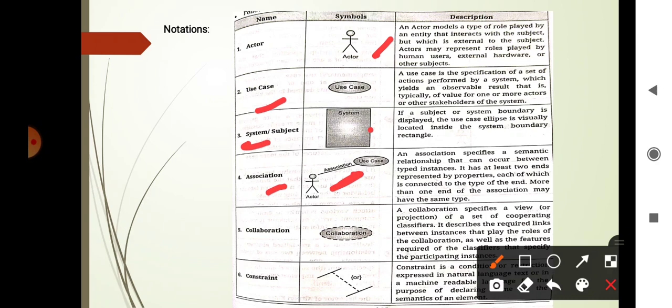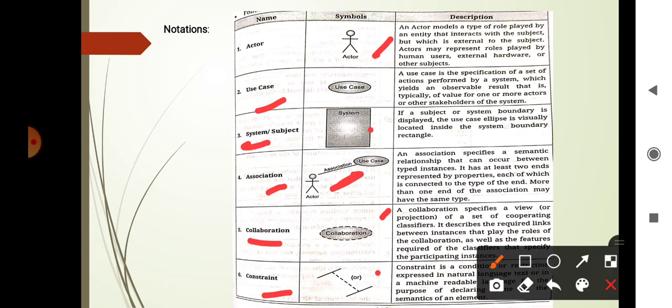An association specifies a semantic relationship that can occur between type instances. Then collaboration, shown as a dotted circle, is the symbol for collaboration. A collaboration specifies views of a set of cooperating classifiers. Then constraint: this is the symbol for constraint.